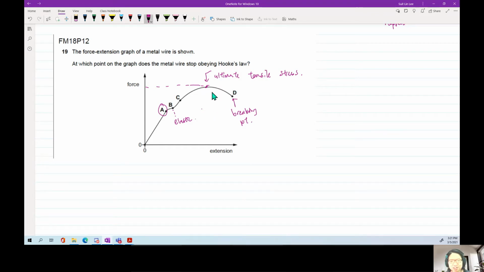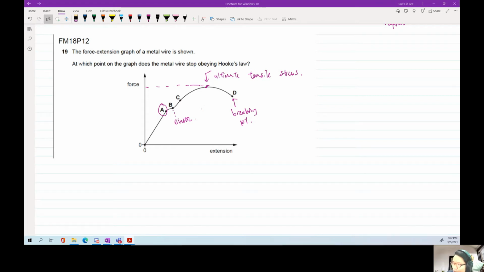You apply more force and the extension increases, but the force becomes less and less. So right now is a very weird situation where after you exceed this force, you don't need that much force anymore. The material will auto extend and then break. If you ever pull and stretch anything like a metal or a piece of plastic, you will kind of know what we're talking about. Okay. So this is one of them regarding the graph.